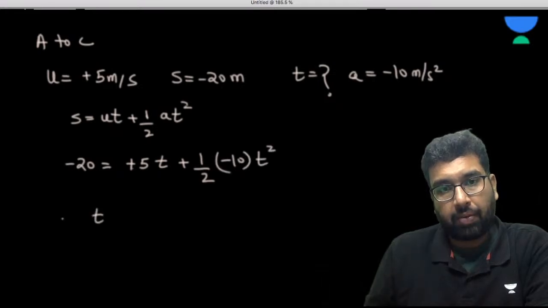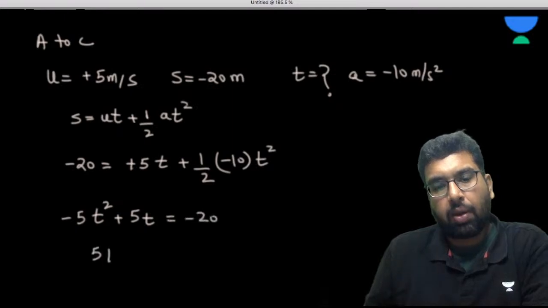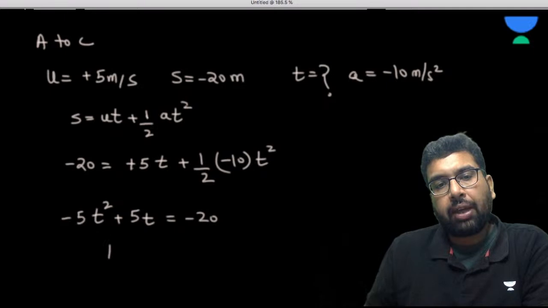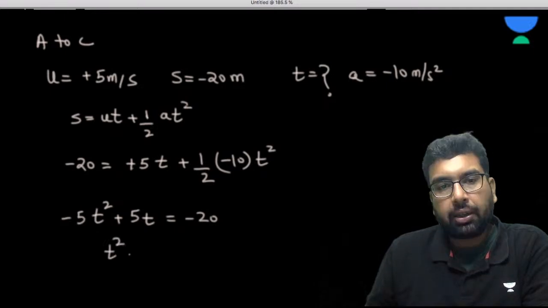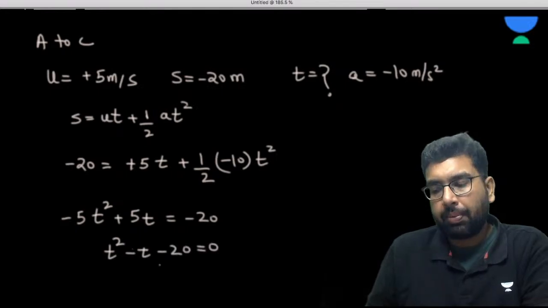Minus 5t square plus 5t is equal to minus 20. I'll divide this whole equation by 5 and get t square minus t minus 20 is equal to 0. Right, beta?